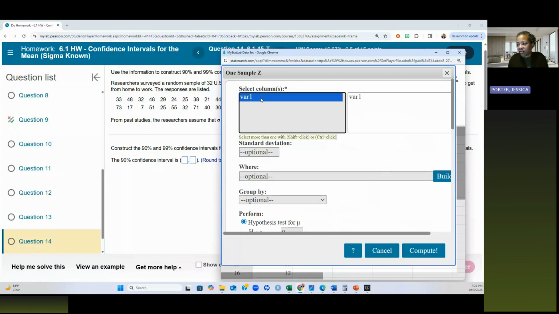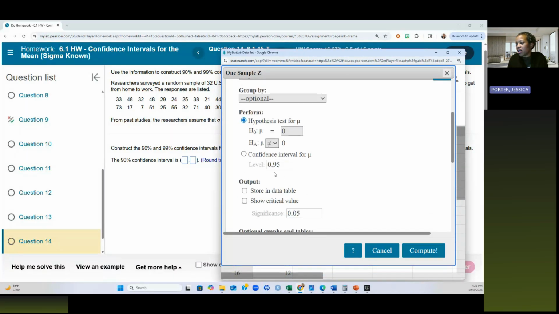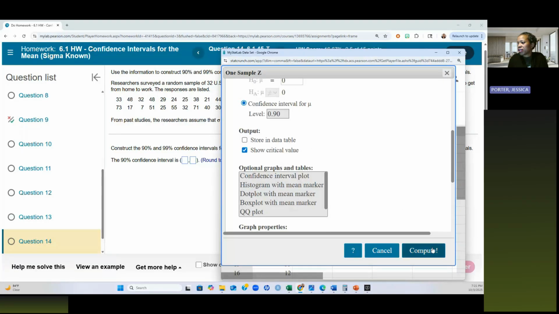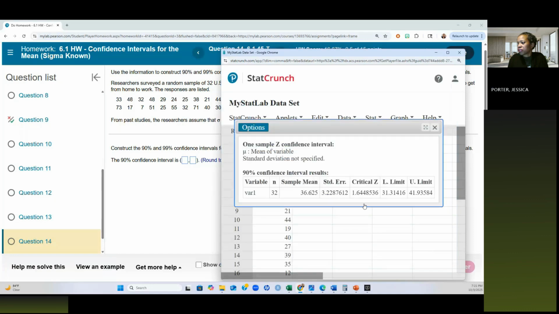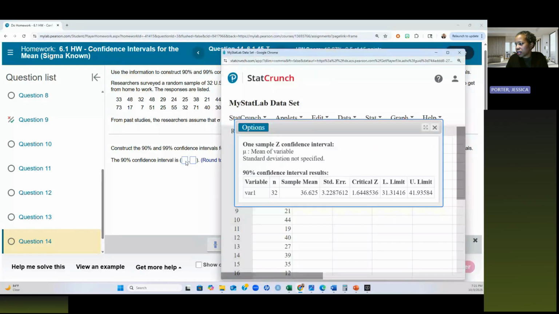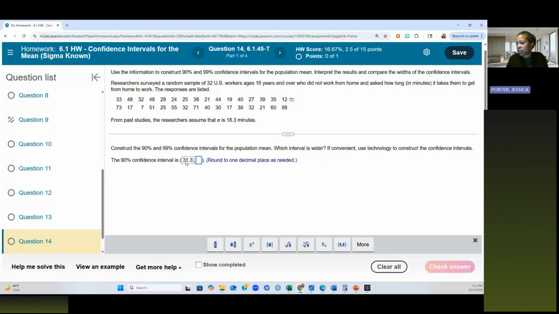All right, my data's in var 1. Yay. Confidence interval, 0.9. Show the critical value just because I want to see it, and compute. Critical value is 1.645. And our confidence interval is from 31.31 to 41.93. One decimal place, 31.3 to 41.9.